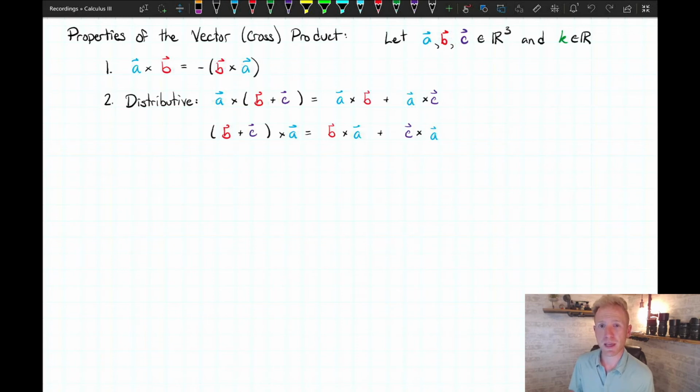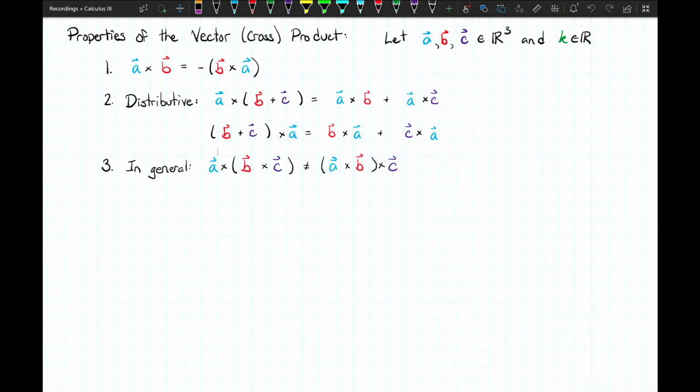However, some of the behavior is not quite the same with cross products as you would expect with the multiplication of real numbers. In general, A cross (B cross C) is not the same thing as (A cross B) cross C. You may be able to find a case where they are in fact equal, but in general, these are not going to provide us the same result.